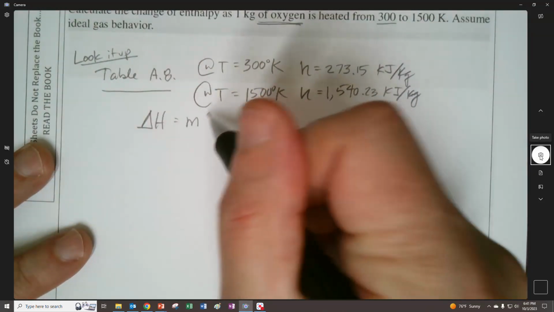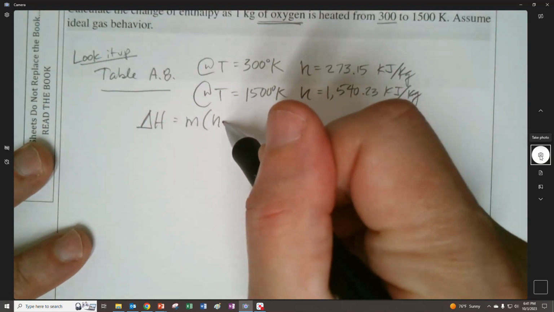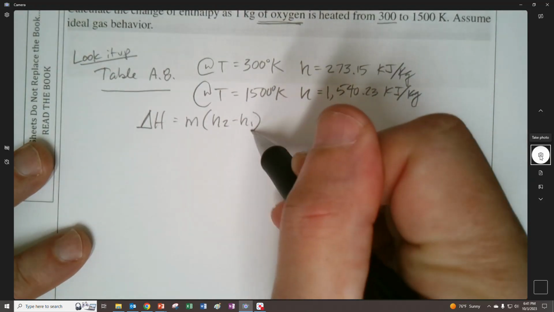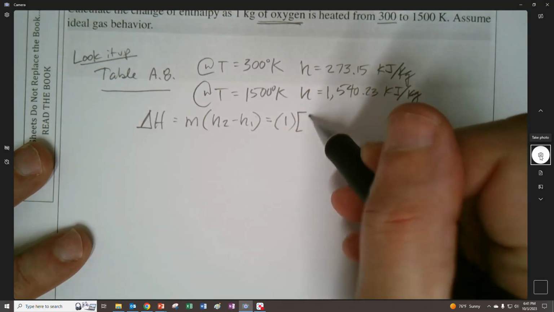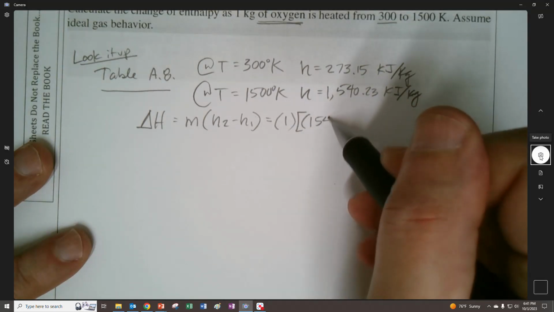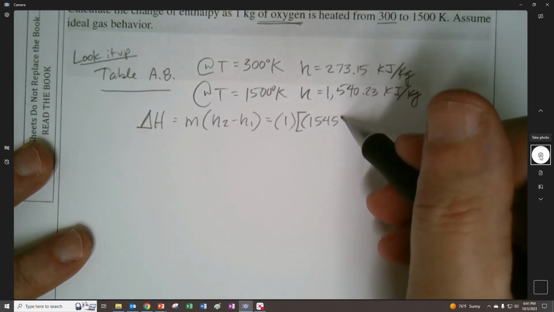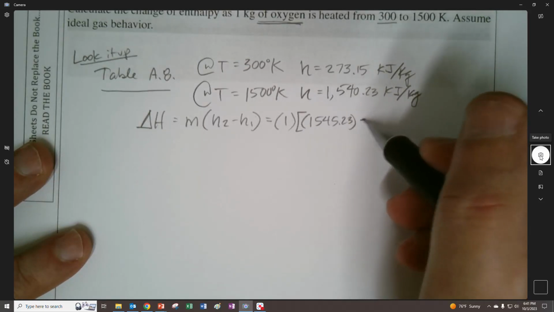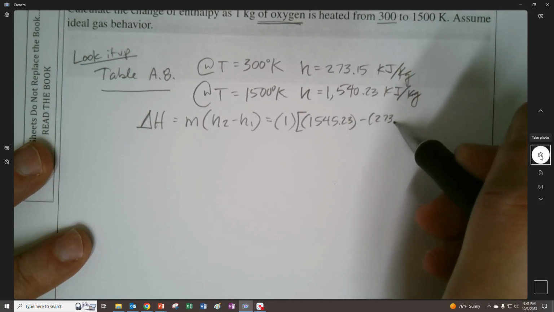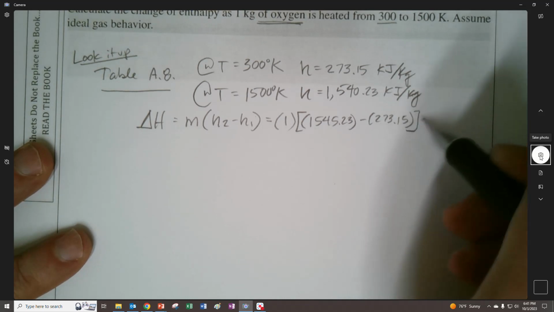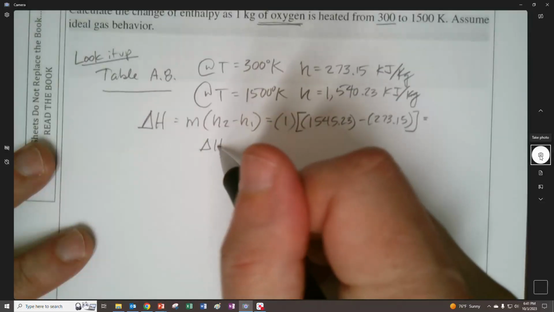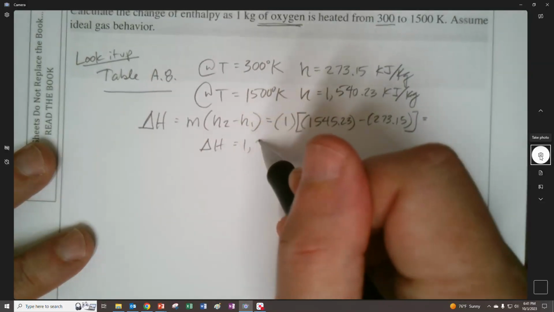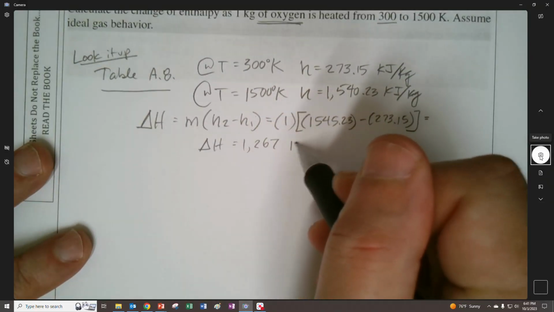So we can get the change in enthalpy. It can be m times H2 minus H1, and this is 1 kilogram. So we go 1,540.23 minus 273.15, and we get, I'll put it right down here, change in H is 1,267 kilojoules.